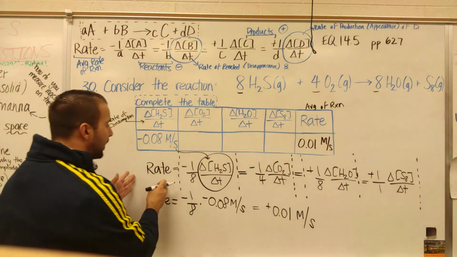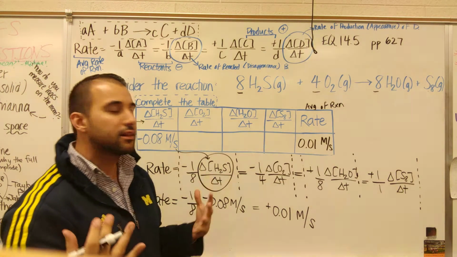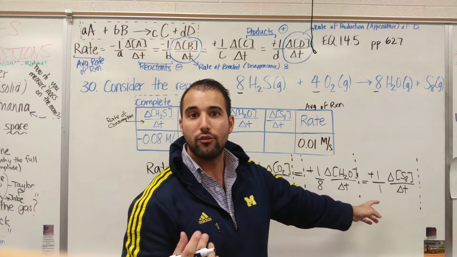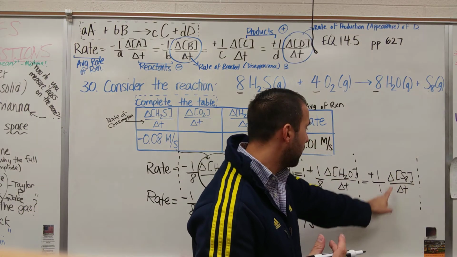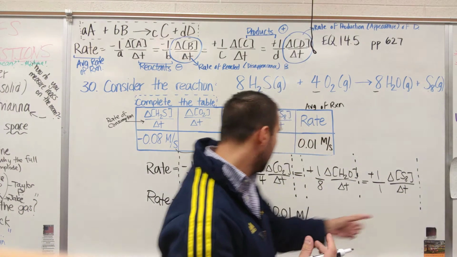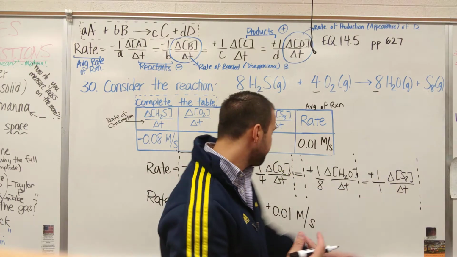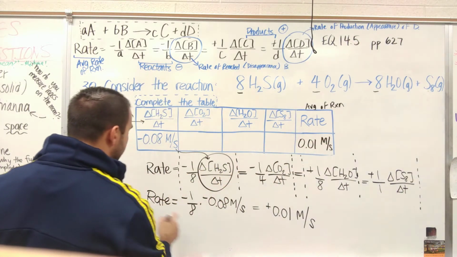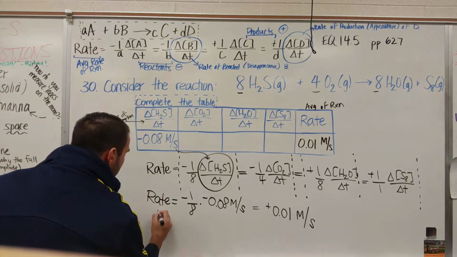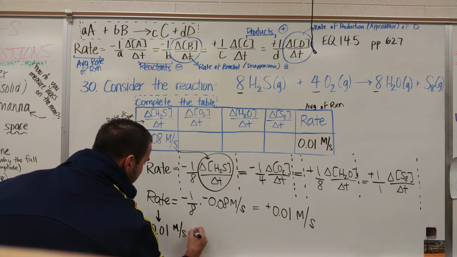They're all equal to each other using these stoichiometric coefficients. Now that I know that my rate is equal to all of these sections, I could easily solve for this rate, 1 over 1 times the change in S8 over the change in T. It's equal to my rate, which is multiplying by 1. So if I want to solve for the change in S8, I know my rate is equal to 0.01 molar per second.